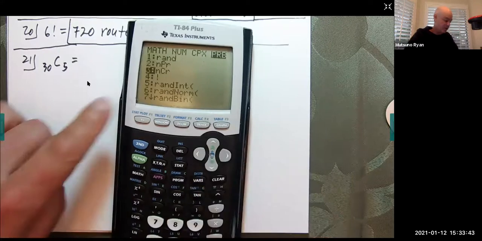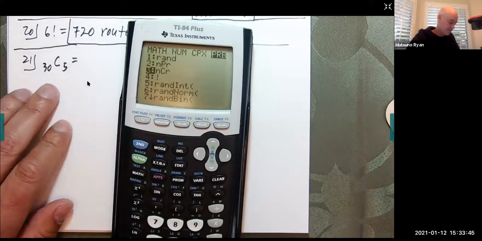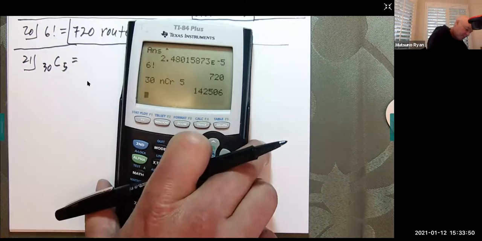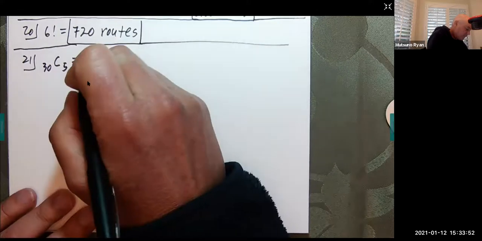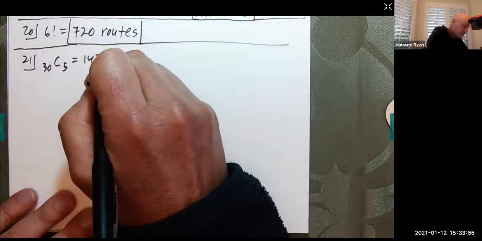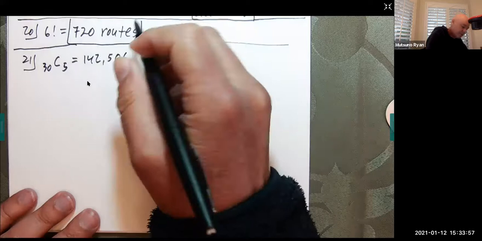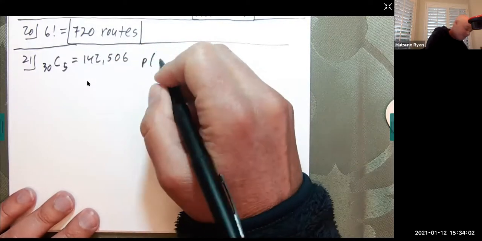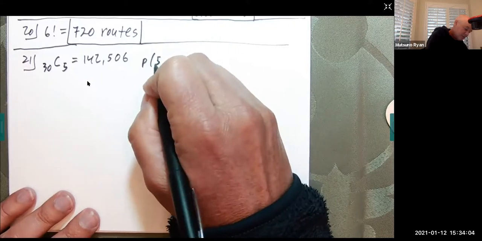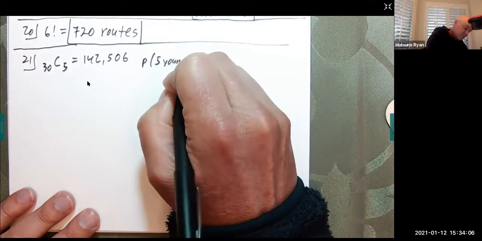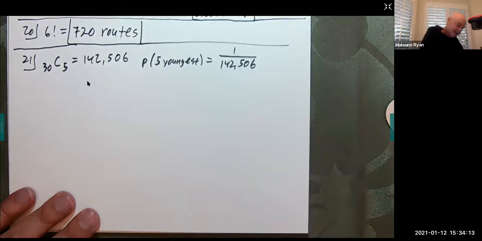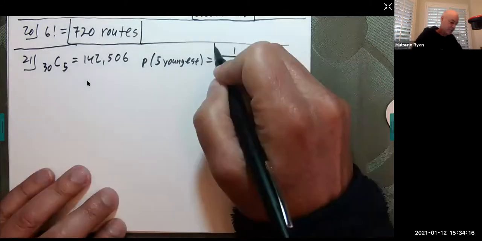We're now using C for combination, or choose, as you'll hear teachers say. That comes to be 142,506. So the probability that the 5 we pick are the 5 youngest is 1 over 142,506. Again, you could divide that out if you wanted to. I'm not going to.